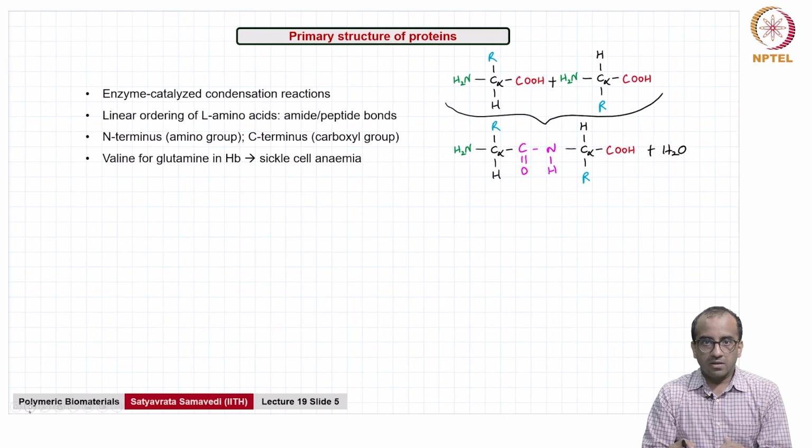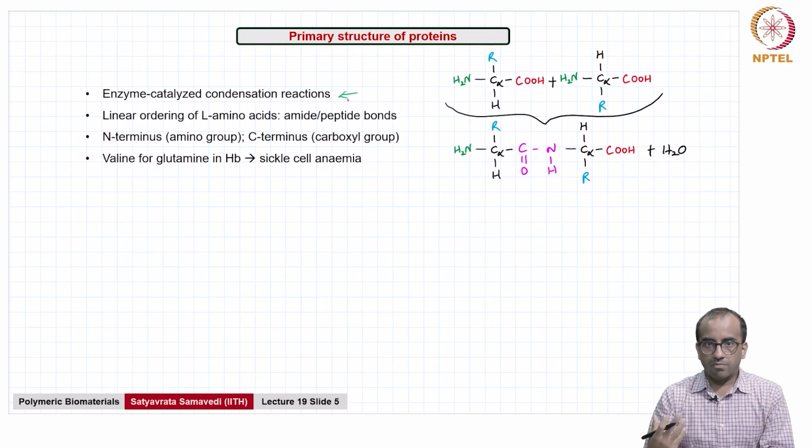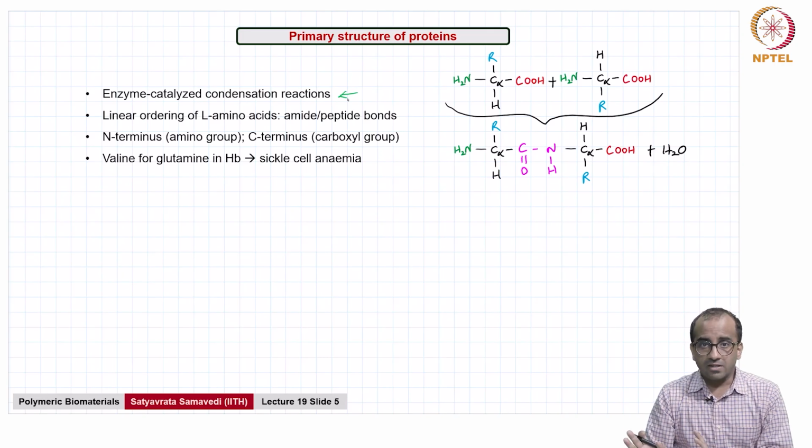So, we will first begin looking at the details of the primary structure of proteins. If you think of it from a polymerization perspective, these are enzyme catalyzed condensation reactions. Now, condensation should immediately bring up an image of a reaction where water is eliminated. That is something that we have seen in lecture 11.